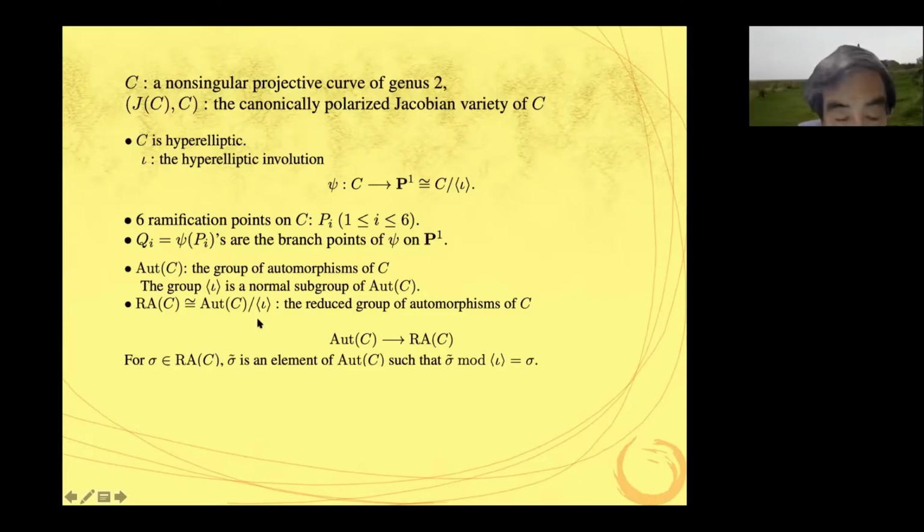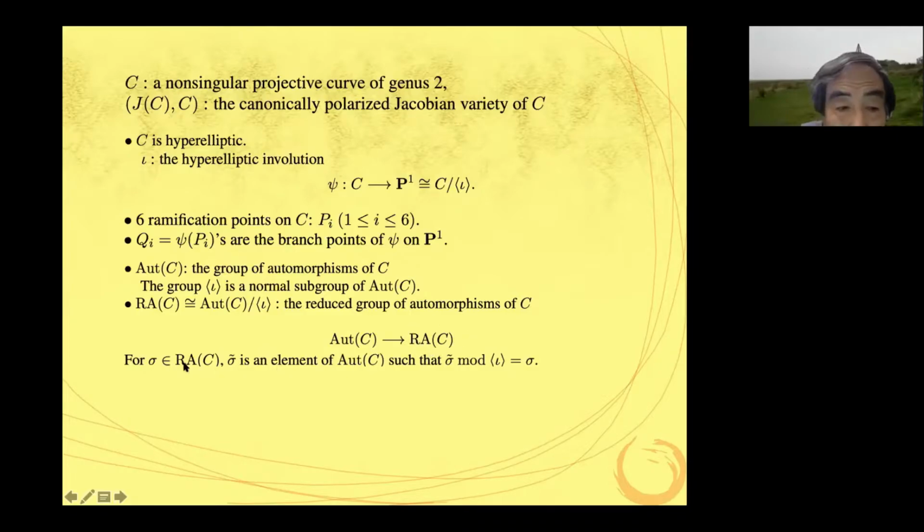And we denote by the quotient of the automorphism group of C by this subgroup the reduced group of automorphisms of C. And we have a surjective map from Aut(C) to reduced Aut(C).